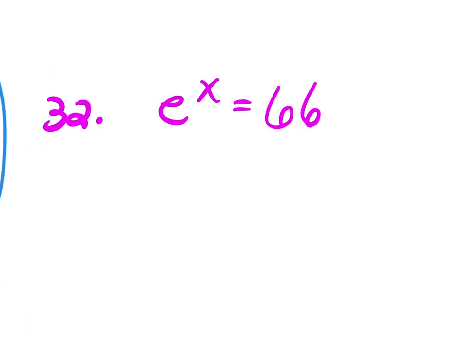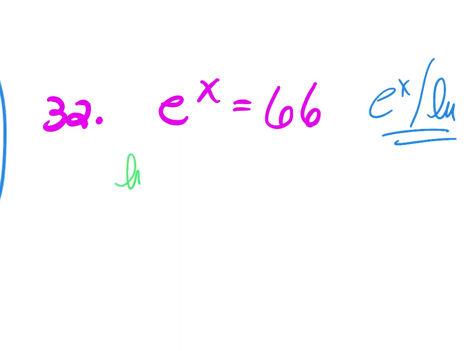Now we have something that looks a little different. Again, we need to make sure that we check. But I have e to the x equals 66. E to the x and ln are inverses of each other. They're on the same button on the calculator. So if I have e to the x equals 66, I want to get that e to go away. So I'm going to say ln, e to the x on the left-hand side.